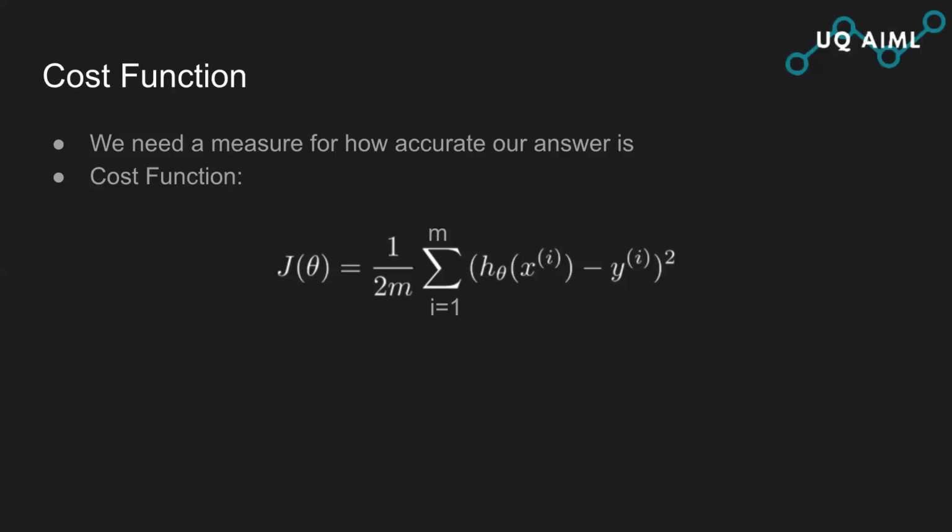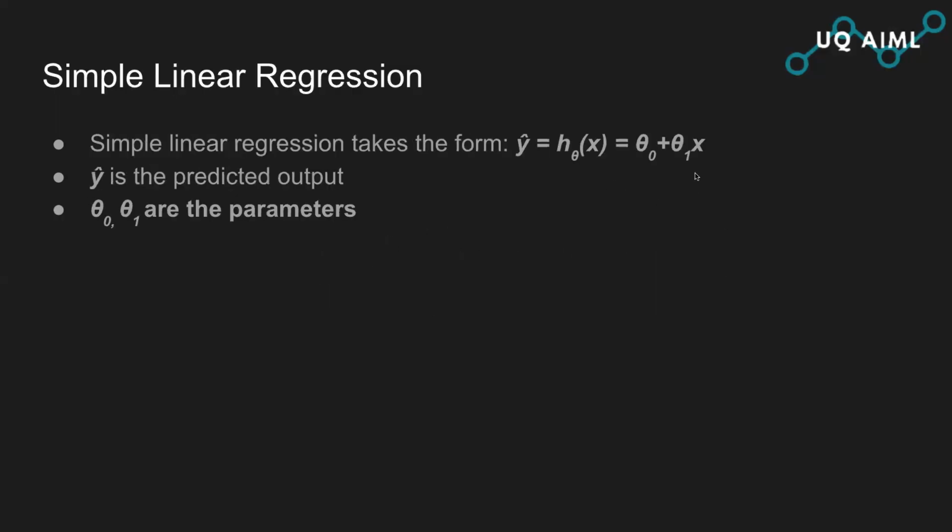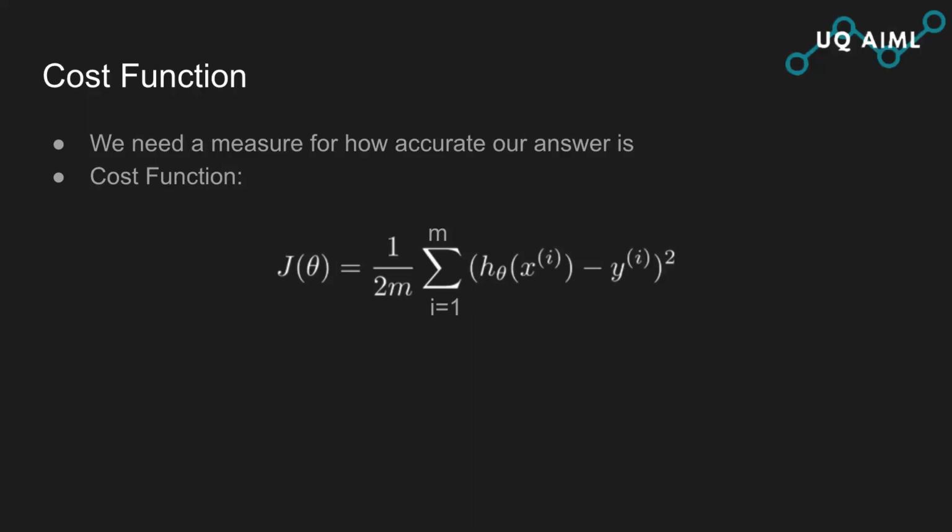This h of theta of xi is what we saw before in the simple linear equation: you give a certain x value as input. Like with y equals mx plus c, if you give x a certain value, you get a certain value for y. That's what h theta of xi means. Xi means the ith training example, so if x is 1, that means this is the first example.